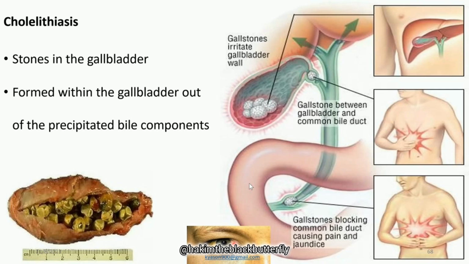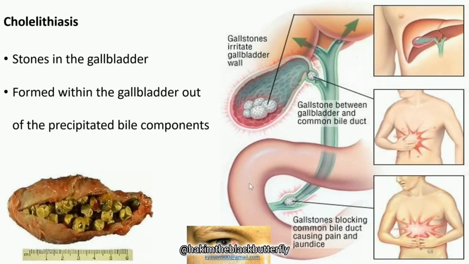So if you are dehydrated, the bile that's going to be formed is going to be concentrated with so much of the salts, the calcium salts, the sodium salts that can easily clump together to form stones, hence resulting into cholelithiasis.